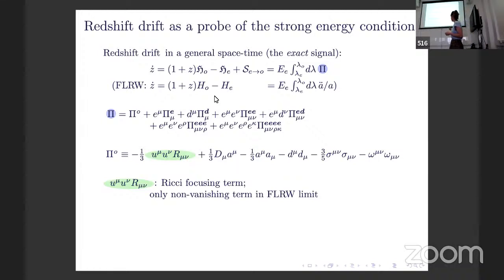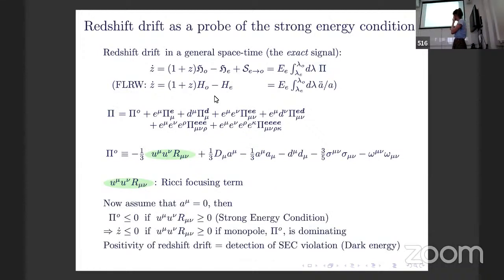And this means that if we are in the geodesic case, and if we have satisfaction of the strong energy condition, then we must necessarily have a negative monopolar contribution to the redshift drift signal here.